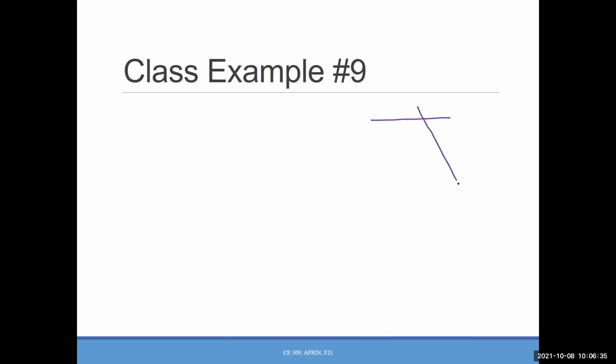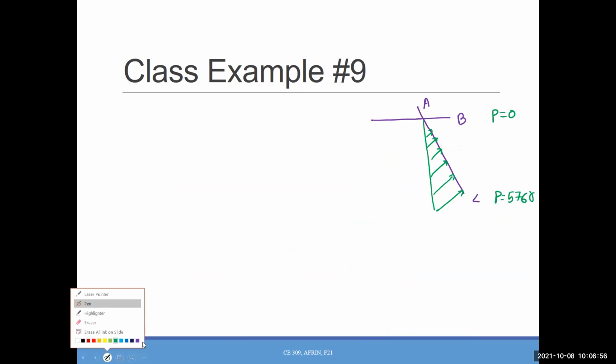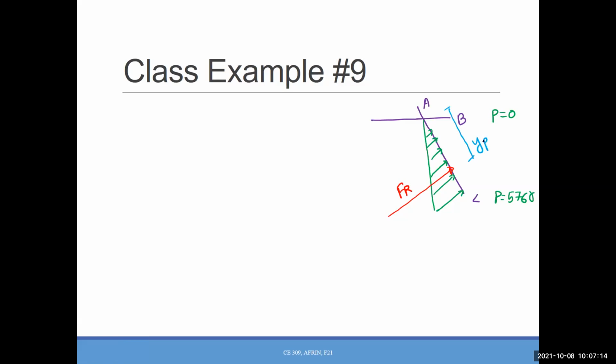Okay, so that was the case. This one was A, B, C, and we had the pressure distribution, something like that. Equals 0, equals 576 gamma, and we had a resultant force here, Fr, right? Right now I'm not finding Yp because I don't need that Yp right now.